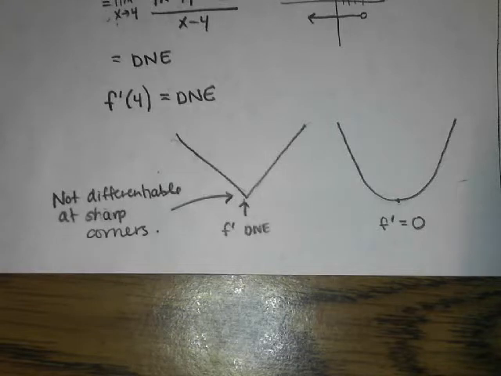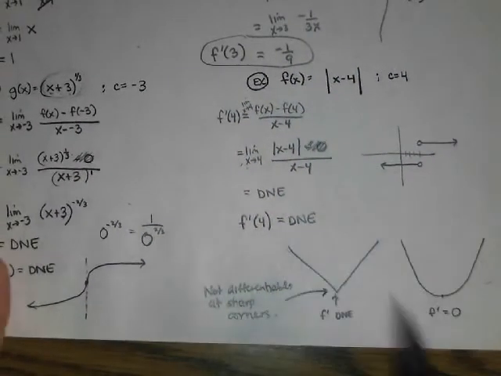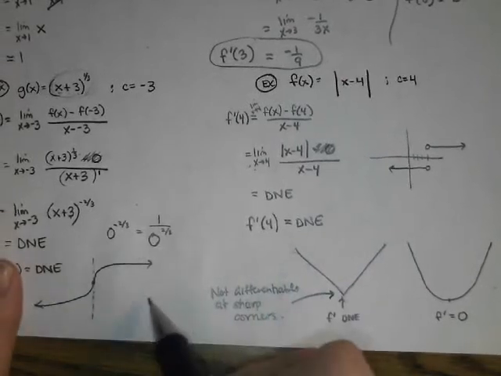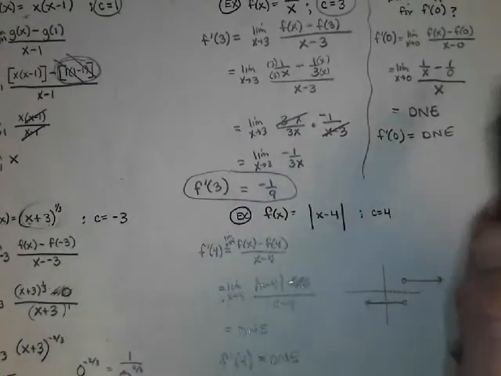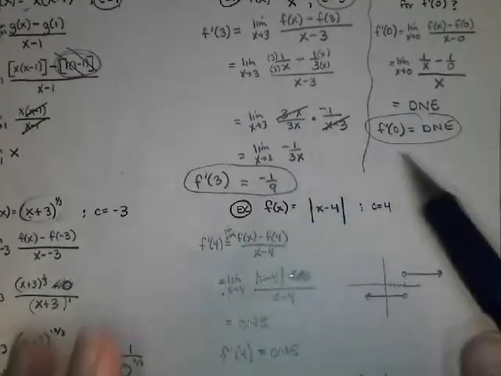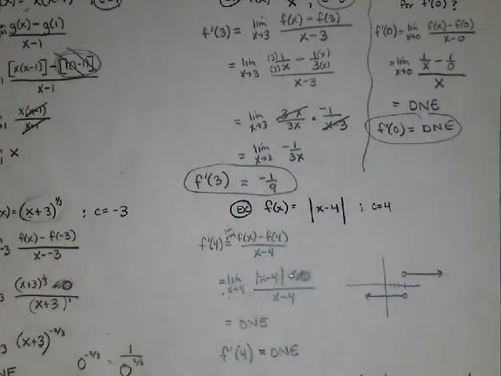What I like about this is I could just show you pictures of, oh, sharp corners, we're not differentiable. Vertical lines, we're not differentiable. Where the graph doesn't exist, we're not differentiable. But what this does is it also shows you algebraically, if you're trying to find the derivative at a certain point, what sorts of things can happen to let you know that that limit does not exist and therefore it's not differentiable from an algebraic perspective.